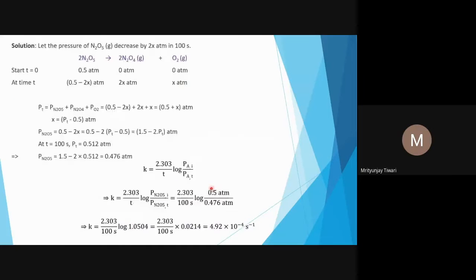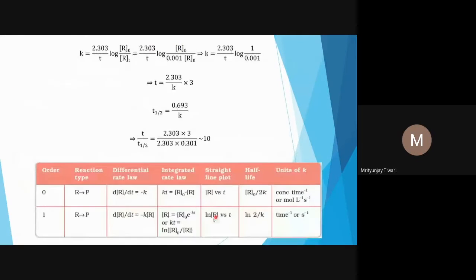So, the integrated rate law equation can also be written in terms of log: kt is equal to ln [R] naught by [R], and this ln, the natural base, one can convert into base 10 by multiplying the value with 2.303.